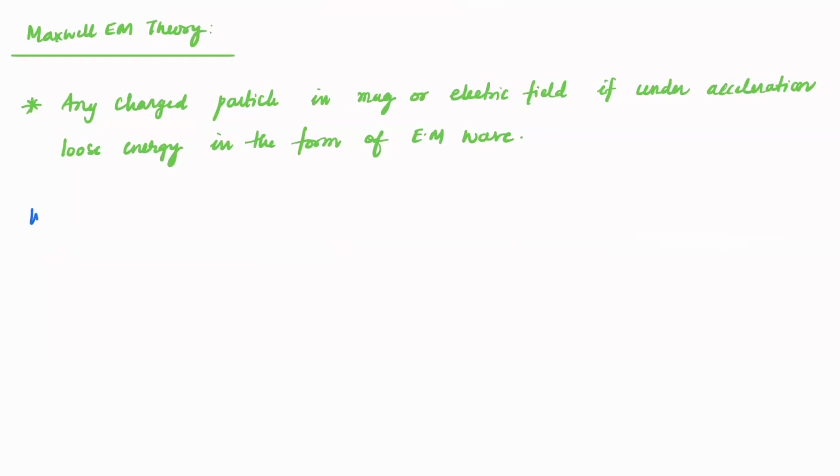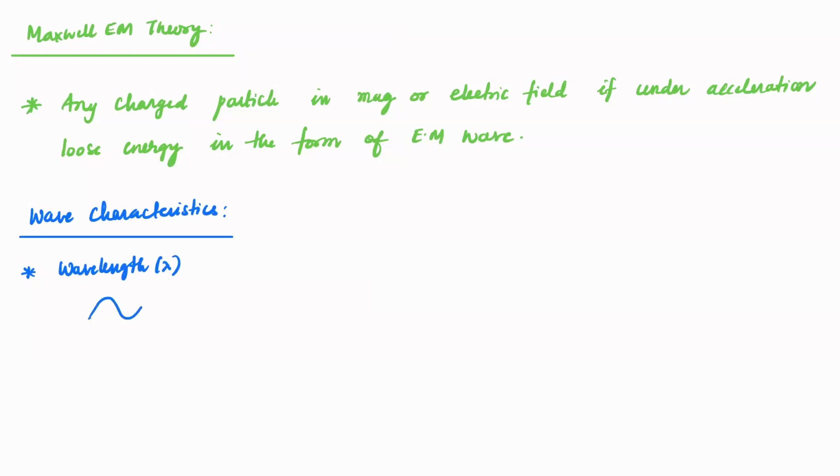To know that, we need to know wave characteristics, which we learned earlier. I'll quickly brush it up. One is wavelength. Wavelength is the distance between, suppose this is the wave going like this, two crests or two troughs, which means the distance from this to this.